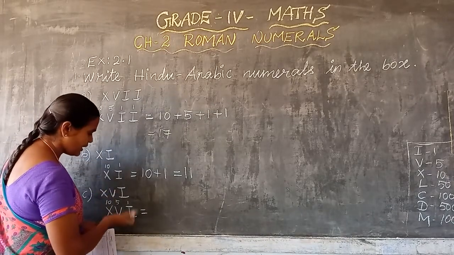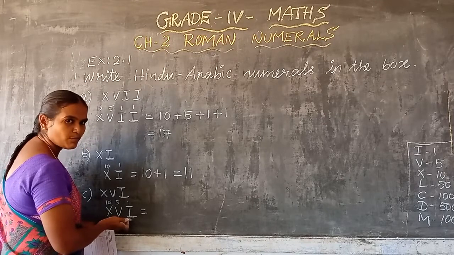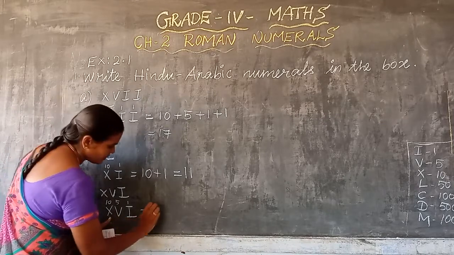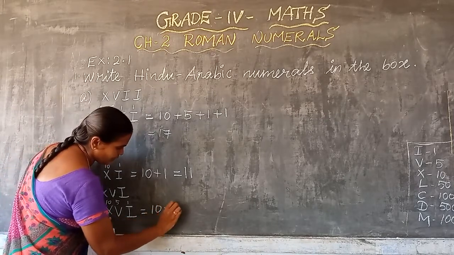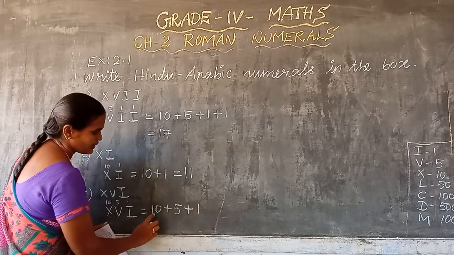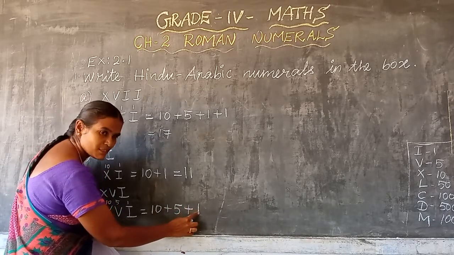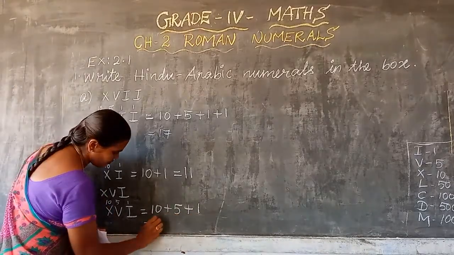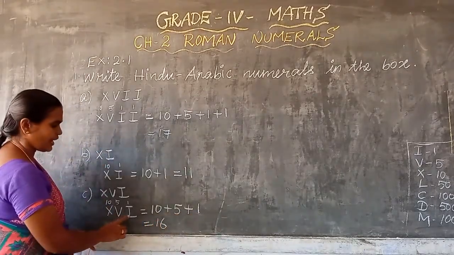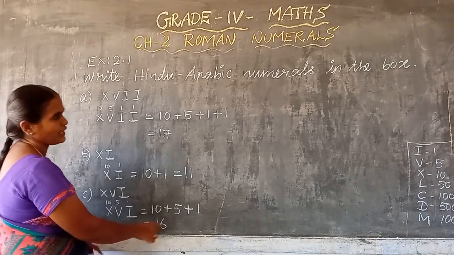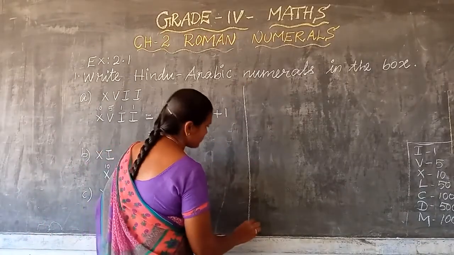Greater number, right side we have the small numbers. So addition: 10 plus 5 plus 1. 10 plus 5, 15. 15 plus 1, 16. So XVI value 16. Next.